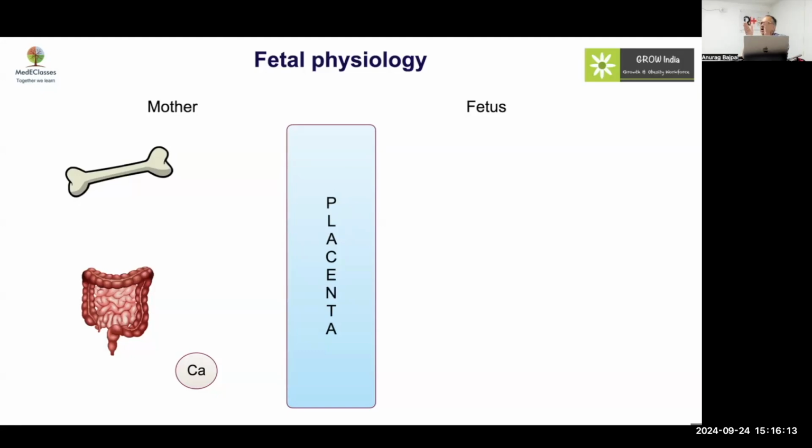So who has higher blood glucose, mother or child? Who has higher calcium? So that is the major difference. There is an active gradient which is playing a role in extracting. So the fetus is extracting the calcium from the mother even if she is deficient.